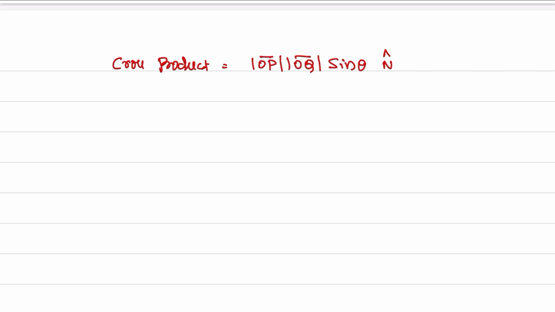That is the unit direction of the normal. And dot product is equal to OP OQ into cos theta. The cross product is a vector quantity, and the dot product is a scalar quantity.